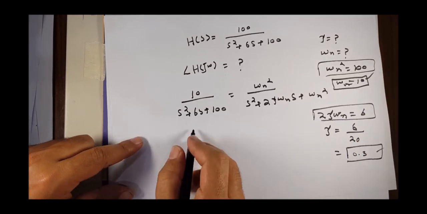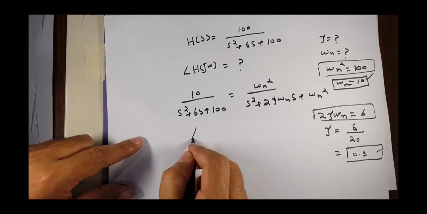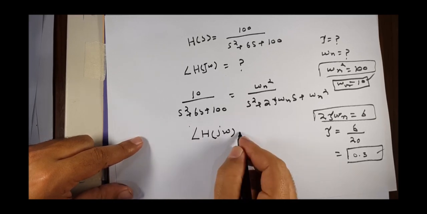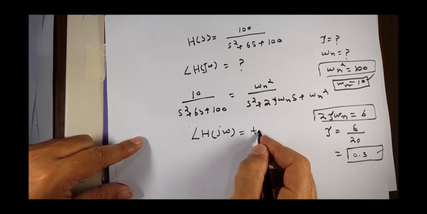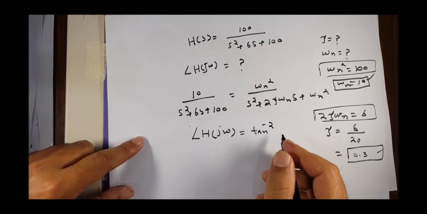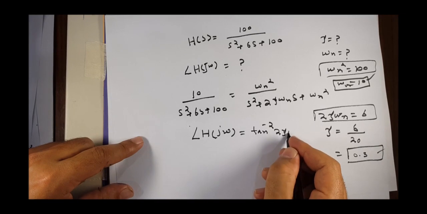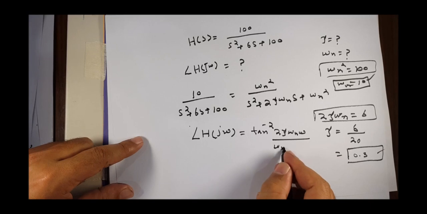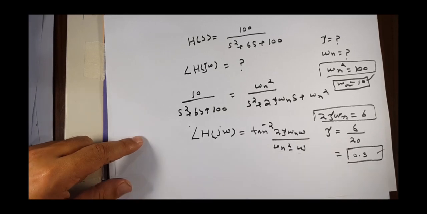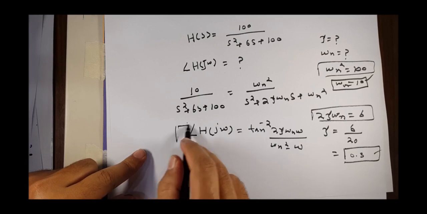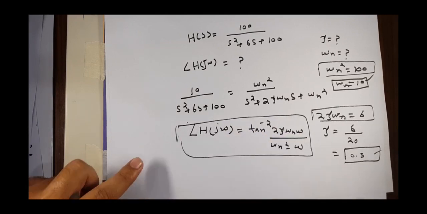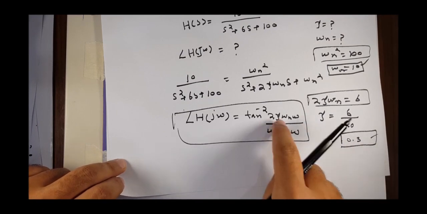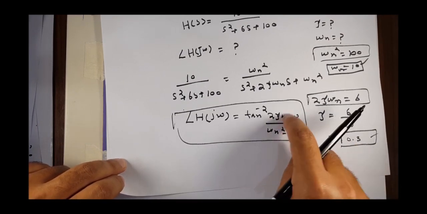So you have omega n, you have zeta. You can find out the phase of H of j omega, which was tan inverse of 2 zeta omega n times omega over omega n square minus omega square. Now you give different values. This is your final equation, and here zeta is 0.3 and omega n is 10.